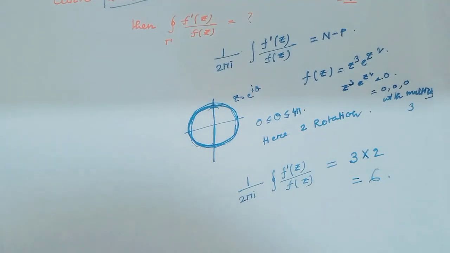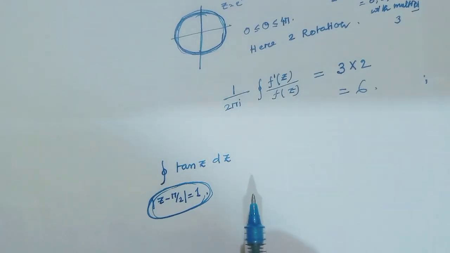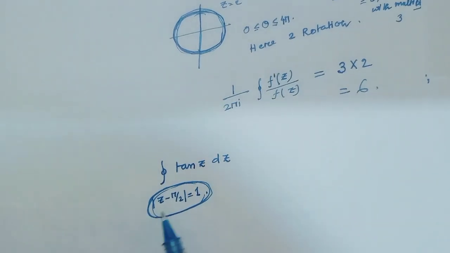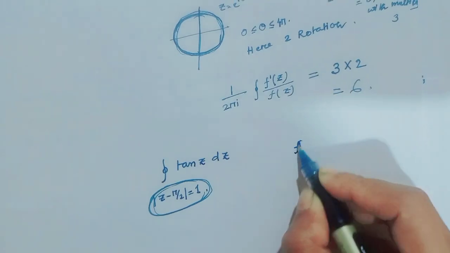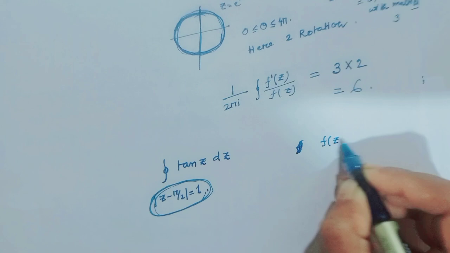Next, a few minutes ago I saw the integration of cot z dz. Now I will see the integration of tan z dz. Here the contour is modulus of z minus pi by 2 equal to 1. That means tan z means sin z over cos z. So f z equal to cos z.